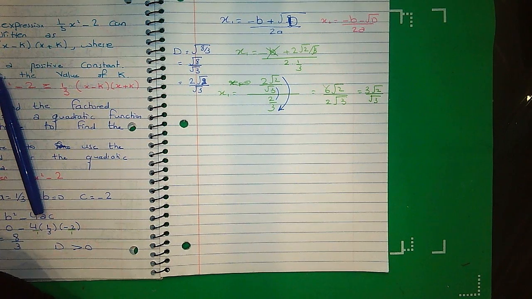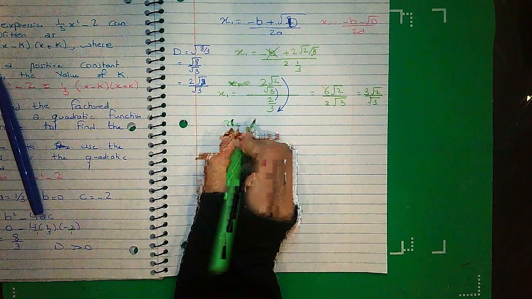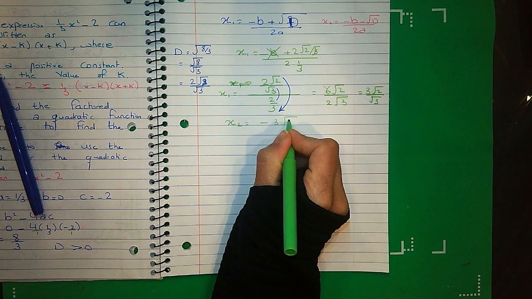Now, if you are allowed to use a calculator, then I would just say go ahead and use a calculator. Now this is x1, so x2 is going to be the same, but in negative form.